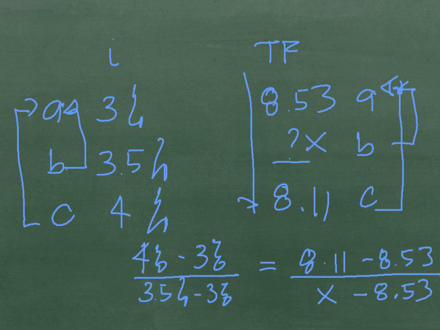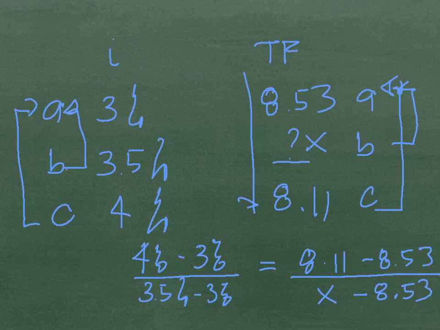And working on that equation, 4% minus 3% is 1%. 3.5 minus 3 is 0.5, is equal to, as we said earlier, 8.11 minus 8.53 over x minus 8.53.